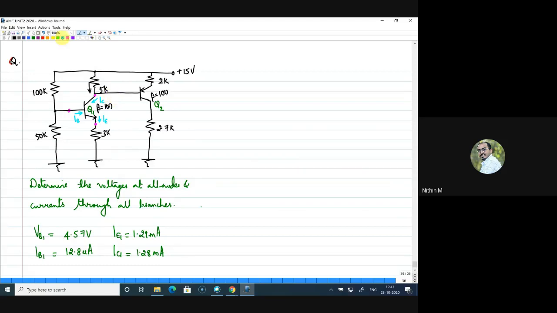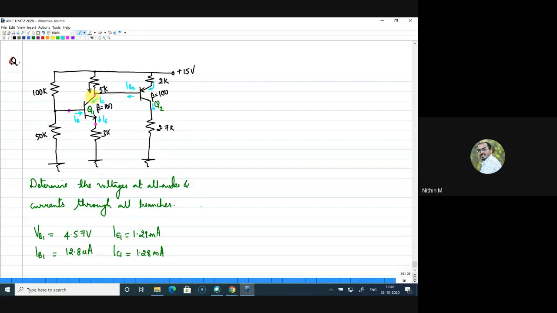Let me mark the current in this PNP transistor. Emitter current is flowing in, so collector current and base current will be flowing out. So now I have some IB2 flowing from here. That IB2, along with the current through the 5K resistance, constitutes our collector current. Is that clear? Can I get a response?